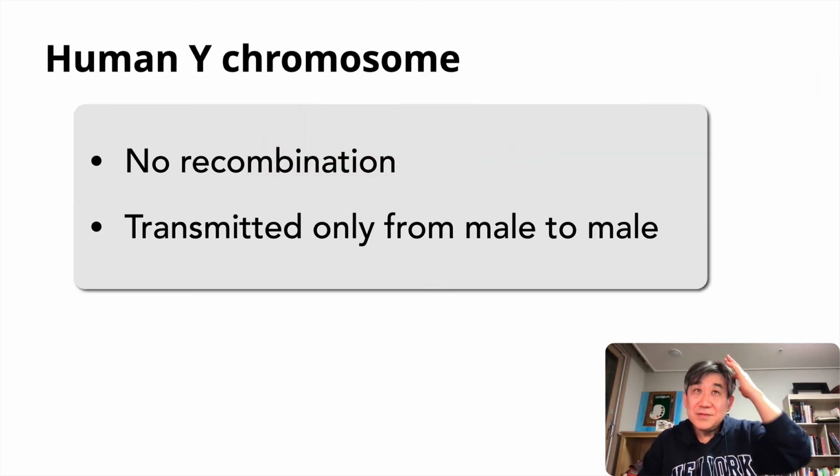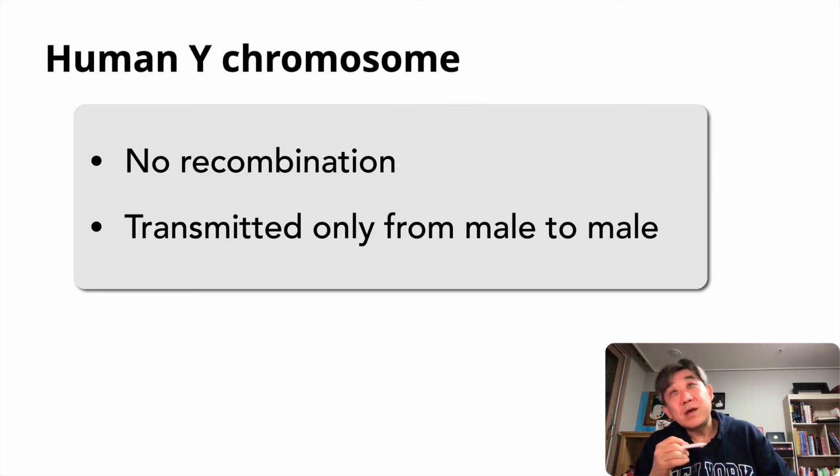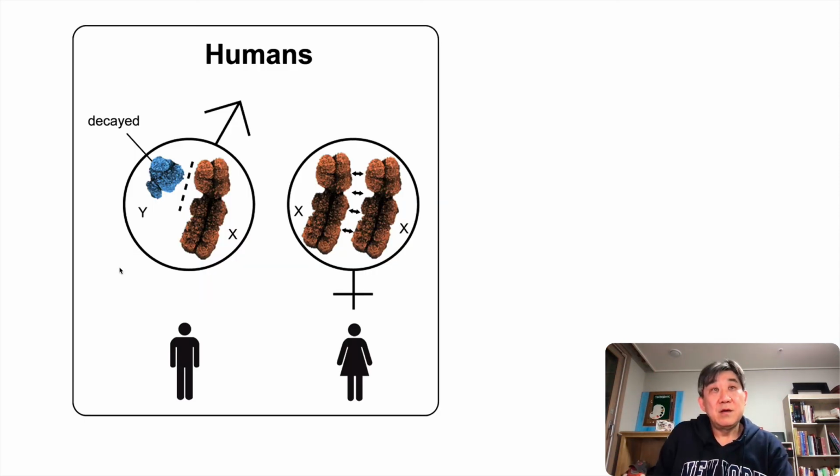On the other hand, the human Y chromosome is the opposite. It also has no recombination, and in this case it is transmitted only from male to male, because obviously human males have the Y chromosome only, and females have two X chromosomes.